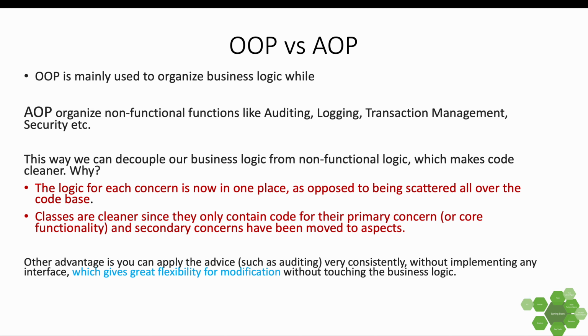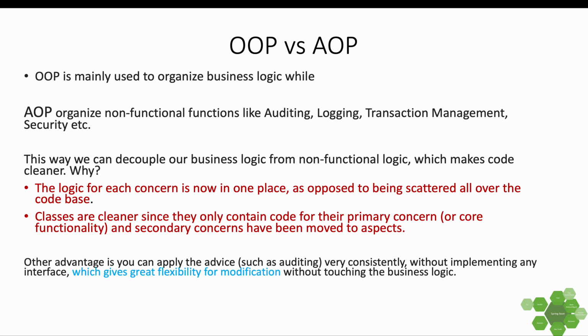Another advantage of this AOP is that you can write an advice, or you can write code that cuts across multiple places in your application and apply it at a join point, which is a place where an advice gets applied, without you having to implement an interface, without you having to extend a class.